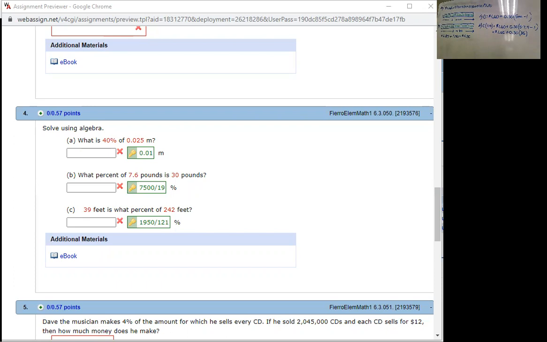And then 36 times 0.30 would be 11.1, or $11.10. And if we add that to the $1.60, we should get $12.70.